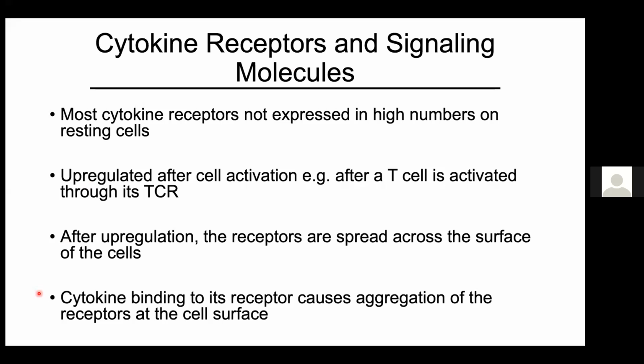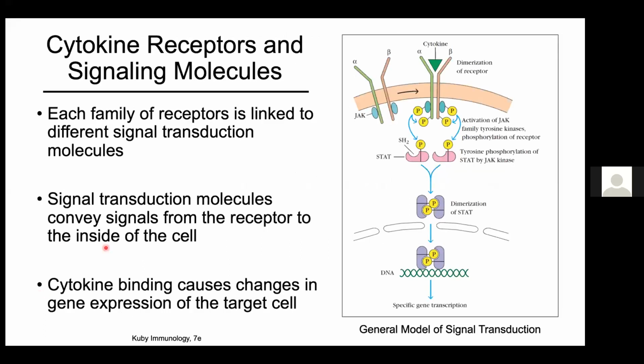And then once you get the cytokine binding to its receptor, you get them aggregating at the surface of the cell. Basically, they colocalize, you get them moving towards each other just to enhance the intracellular signal transduction molecules as shown in this picture. So for example, you get these 2 chains of this receptor colocalizing or moving towards each other, and more of other cell surface receptors.